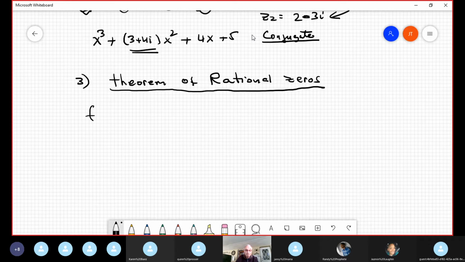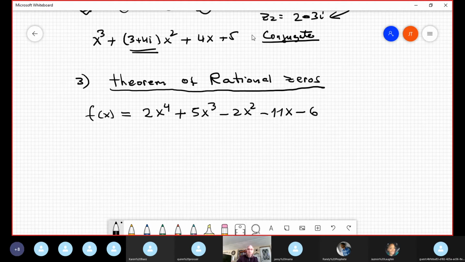Suppose f of x is equal to x to the 4th power plus 5x to the 3rd power minus 2x to the 2nd power minus 11x plus 6, or minus 6. Let me check it out. x to the 4th power, 5x to the cubic power, minus 2x squared, minus, good.